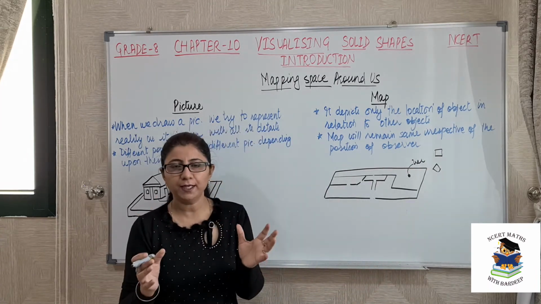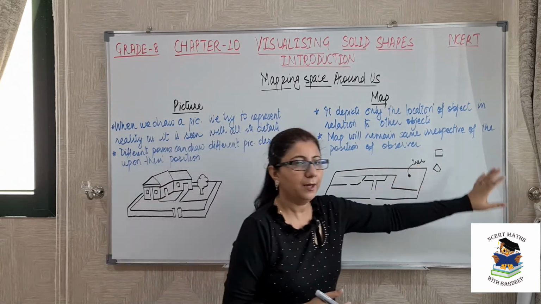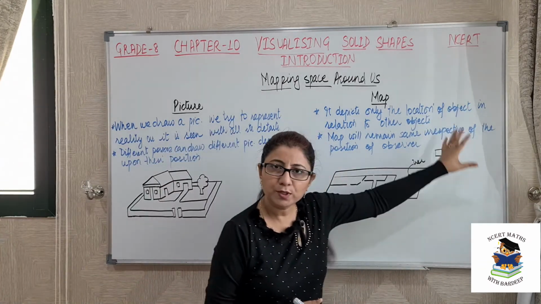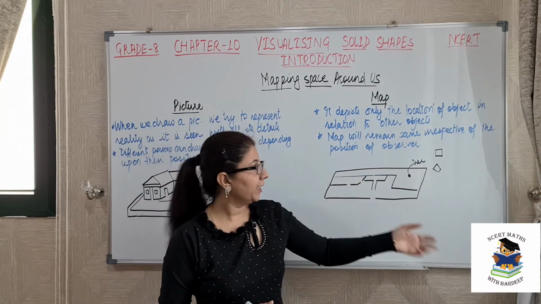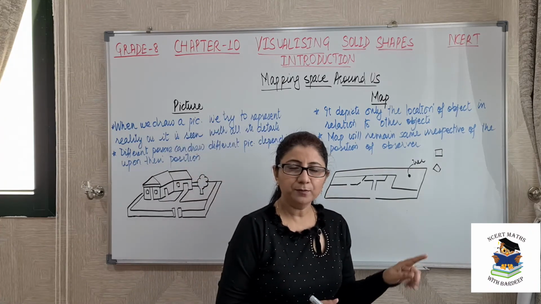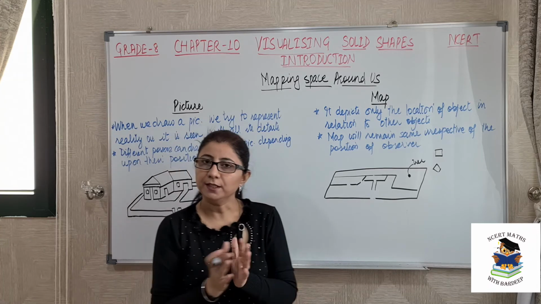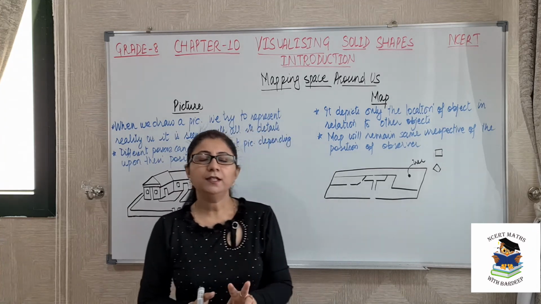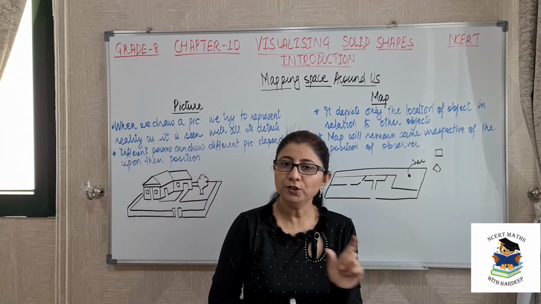To show different landmarks we can use different symbols, and on the side of the map we should always show all those symbols and what these symbols represent in your map. So the first thing is we should always use different symbols to identify the different landmarks represented in your map.